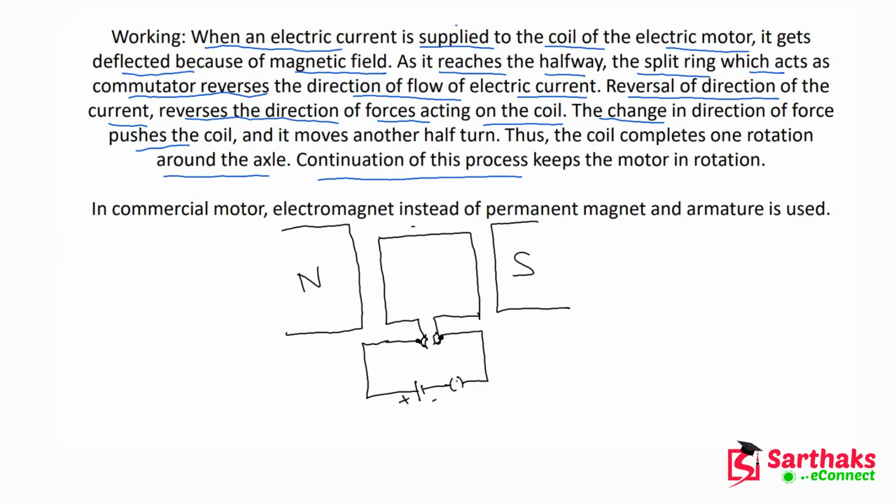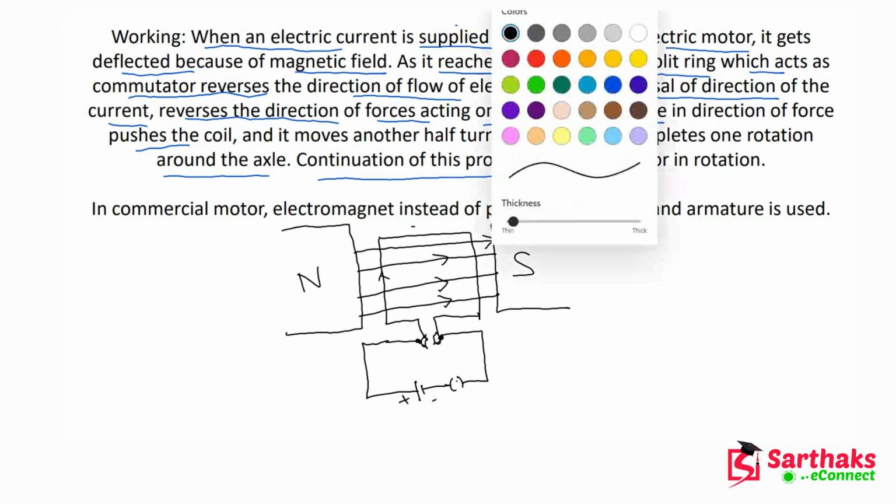So now guys, what happens here? The current is flowing in this direction, upside, and the direction of the magnetic field is like this, north to south. The direction is always from north to south. Now what will we do?